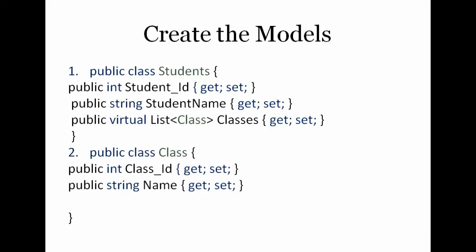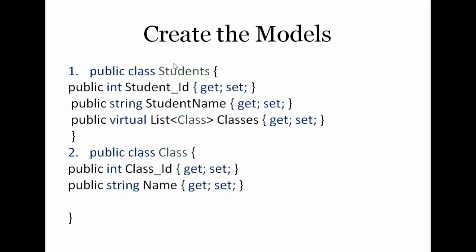So let's talk about the second step, in which we are going to add models. Here, model means we are going to define classes in class .cs files, like we add into our application. For example, there are two classes. The first is Student and the other is Class.